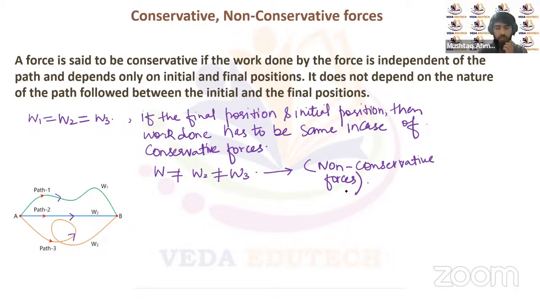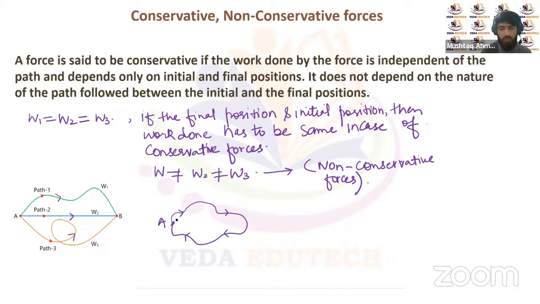One more important point about conservative forces is this: let's suppose we take a particle from position A through this path and back to its own position. We're taking this particle along a closed path.